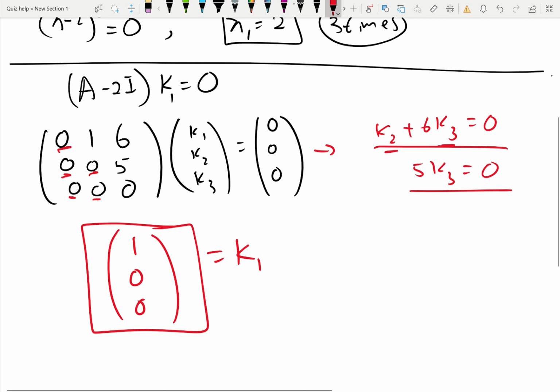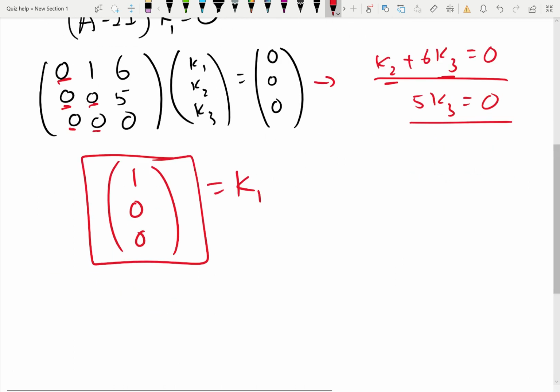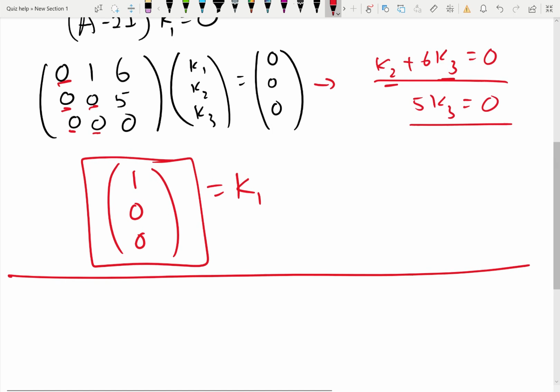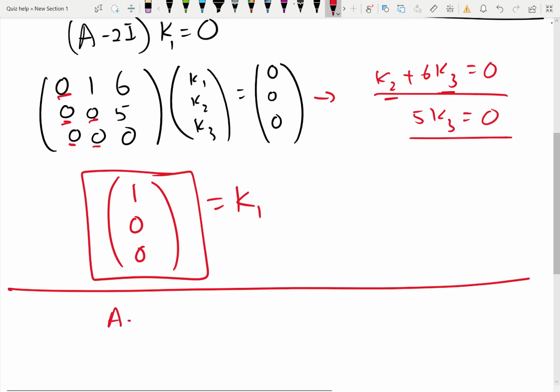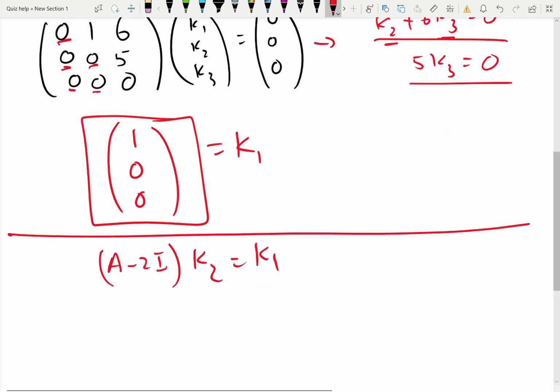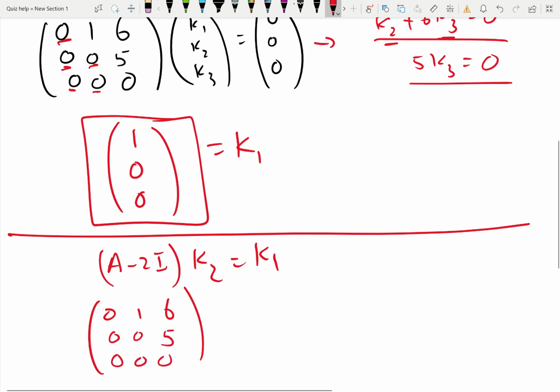So we have 2 more generalized eigenvectors, because this is repeated 3 times. Now let's find the second generalized eigenvector, using the equation (A minus 2I) K2 equal to capital K1. The A minus 2I matrix is still 0 1 6, 0 0 5, 0 0 0, and the right side is 1 0 0.